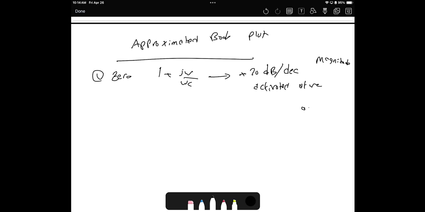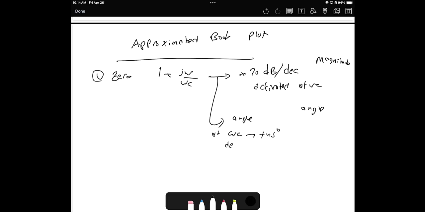Regarding the angle or the phase shift, as we discussed last lecture, the body plot can be for the angle and for the magnitude, because any complex quantity has a magnitude and angle. So for the angle, at omega c, the angle will be positive 45 degrees.